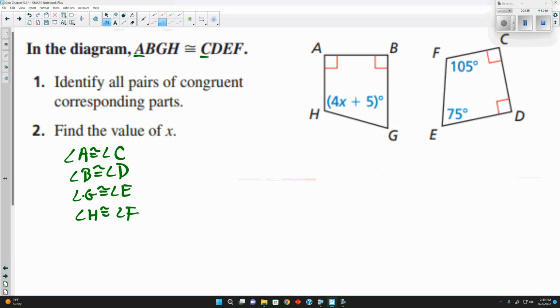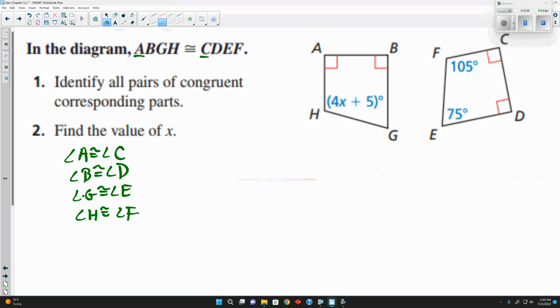So A went first, C went first, so they're congruent. B went second, angle D went second, so they're congruent. G is third, so the third letter is E. They're congruent. H and F would match up. But they match up like that. The same thing is true with our sides, because all this is mapping, or we're walking around the figure, yes?